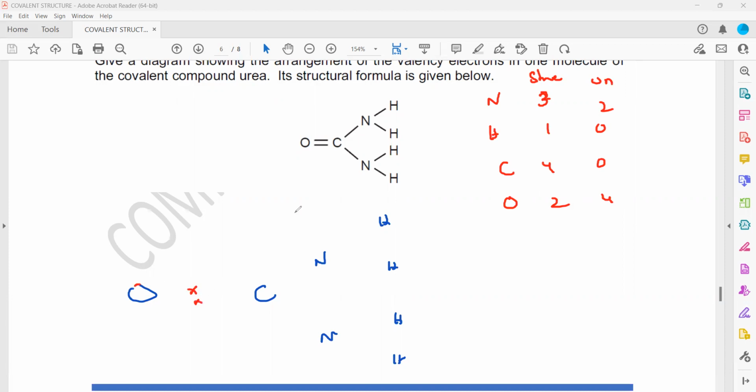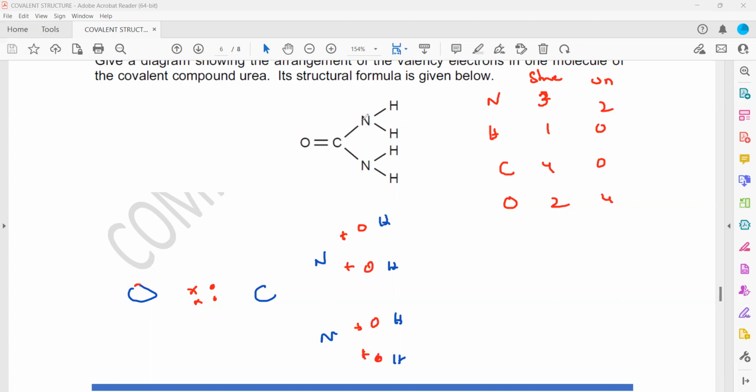So oxygen shares 2, carbon shares 2. Then hydrogen shares 1. If hydrogen shares 1, we have to use a different symbol. For hydrogen I'm using a circle with a plus, and circle and plus.